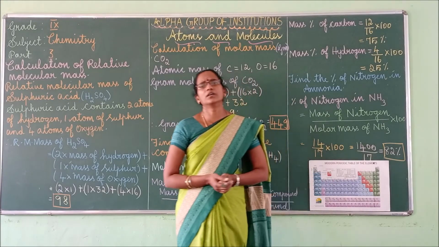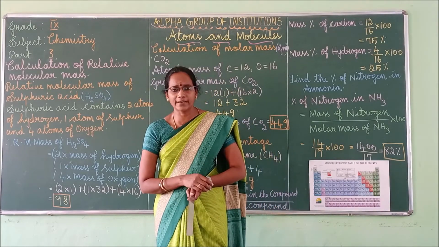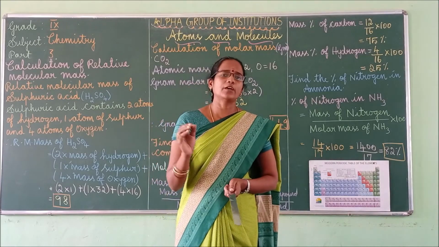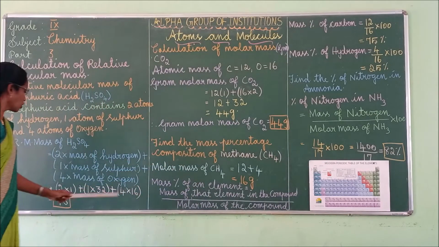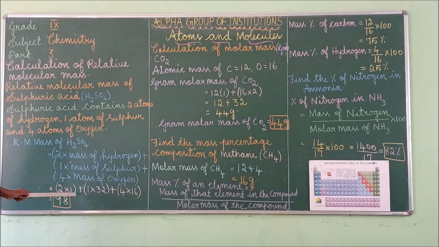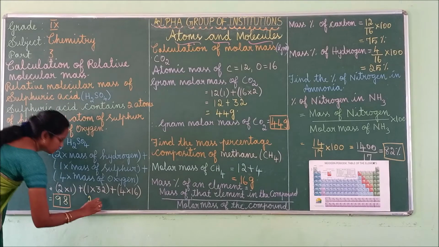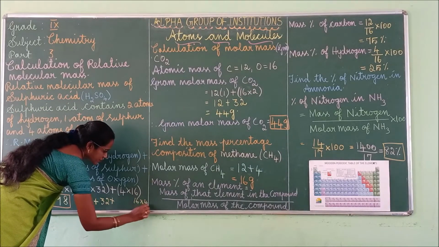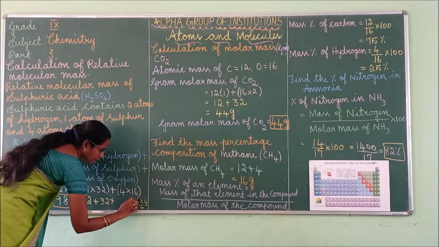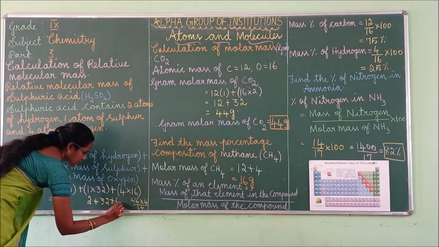You should learn the atomic numbers of the first 20 elements thoroughly, children, right? The first 20 elements' atomic numbers are very important. After this step, what you have to do? 2 into 1 is 2, plus 32 into 1 is 32, plus 16 into 4, 4 sixes are 24, remaining 2, 4 ones are 4, 4 plus 2 is 6.